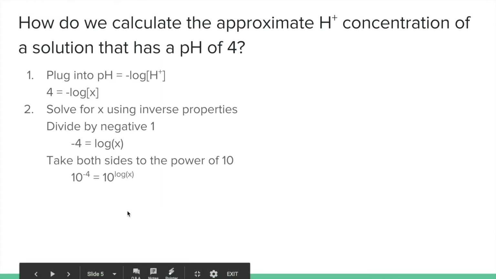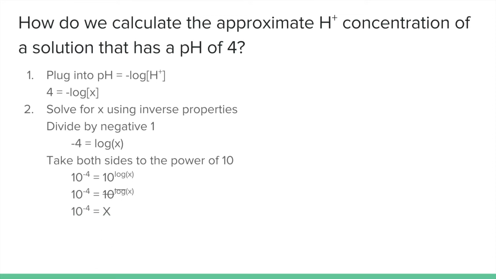So we're going to have 10 to the negative 4 is equal to 10 to the log of x. As we know, 10 to the log, which is log base 10, are going to cancel, and this x is going to come down, and simply x is equal to 10 to the negative 4.